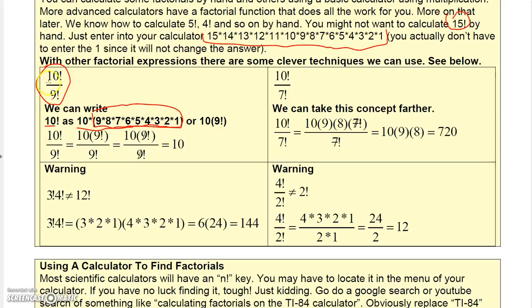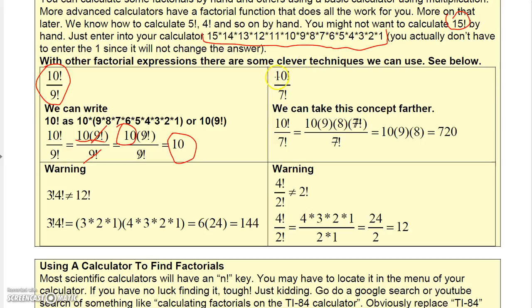So since I have a 9 factorial in the denominator, I could write 10 factorial as 10 times 9 factorial, and then I could cancel, because 9 factorial over 9 factorial is just 1. And so I would just get the answer 10. See, so that's a little trick. If you don't have a calculator handy, you can do that.